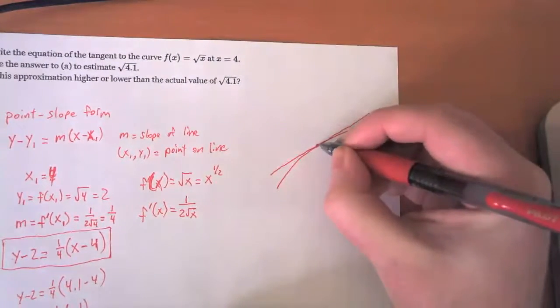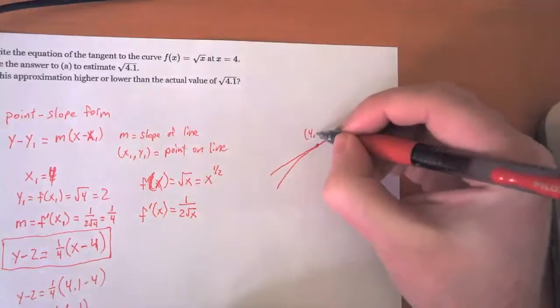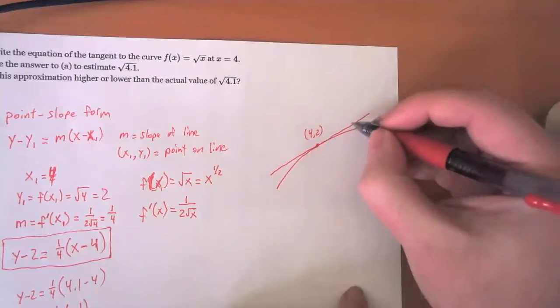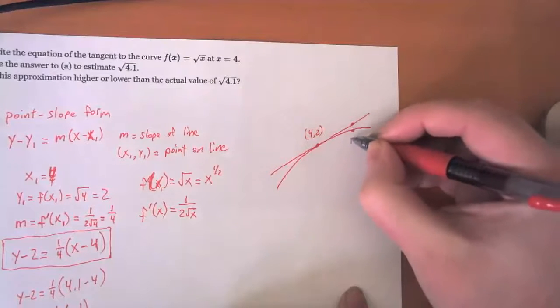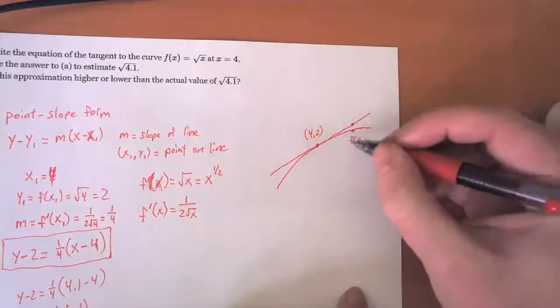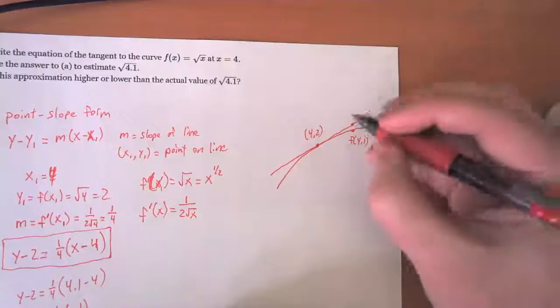All right, and so here is the point where they are tangent to each other, which was (4, 2). And what we were doing is we were estimating at 4.1. And so this is f of 4.1, which we didn't know. And calculating the square root of 4.1 would be a hard thing to do without a calculator.